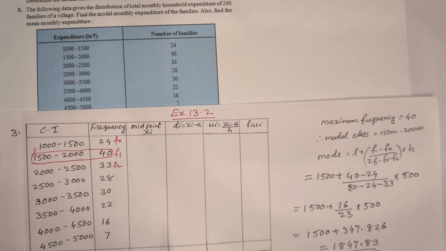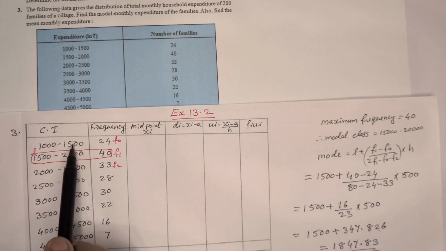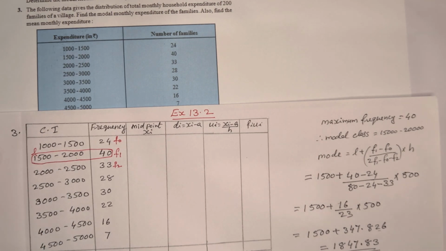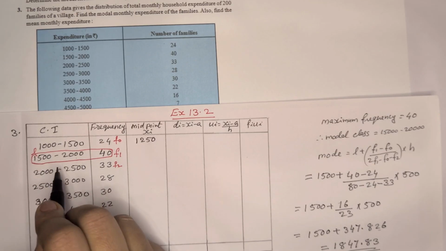Next we have to find the mean. For that, first we have to calculate the midpoint xi. Add the lower limit and upper limit and divide by 2. So 1250.